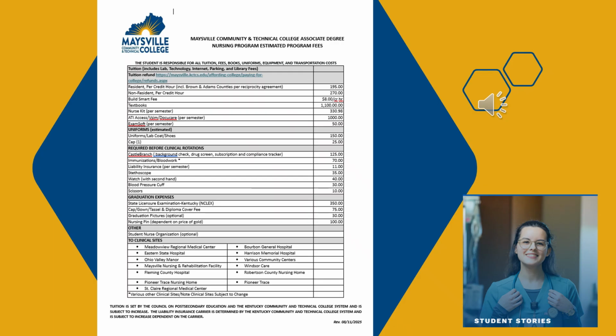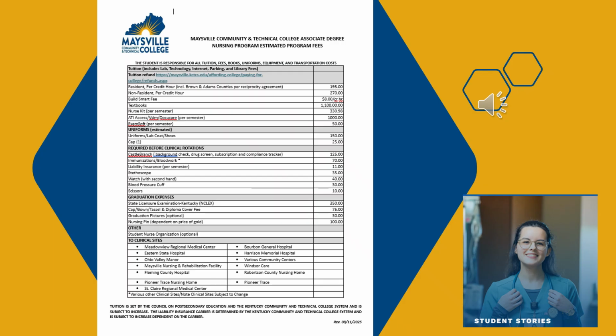And required before clinical rotations, we do Castle Branch, which is a records repository that holds information including your background check, your drug screen, and it tracks your immunizations, liability insurance, those kind of things.